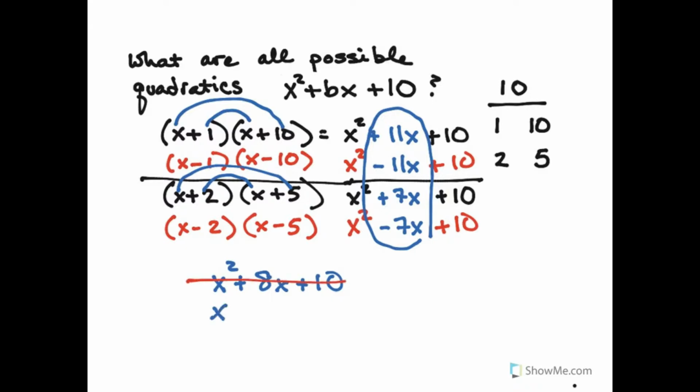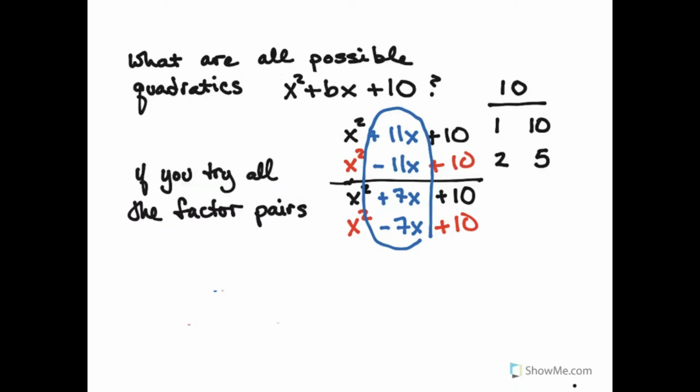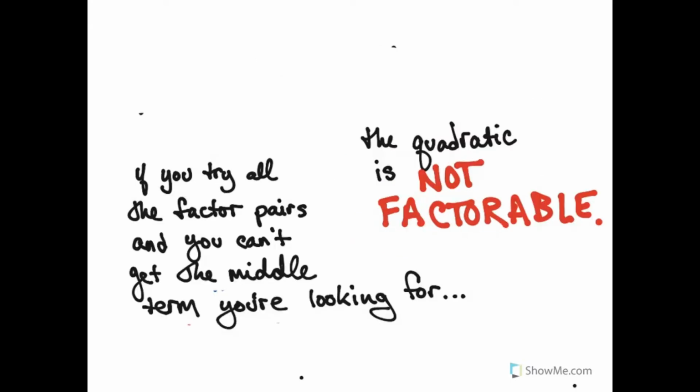Any other middle term will make something that's not factorable. It doesn't matter if it's not 7 or negative 7 or 11 or negative 11, it won't work. So there are many more non-factorable quadratics than factorable ones. If you try all the factor pairs and you can't get the middle term you're looking for, that quadratic is not factorable.